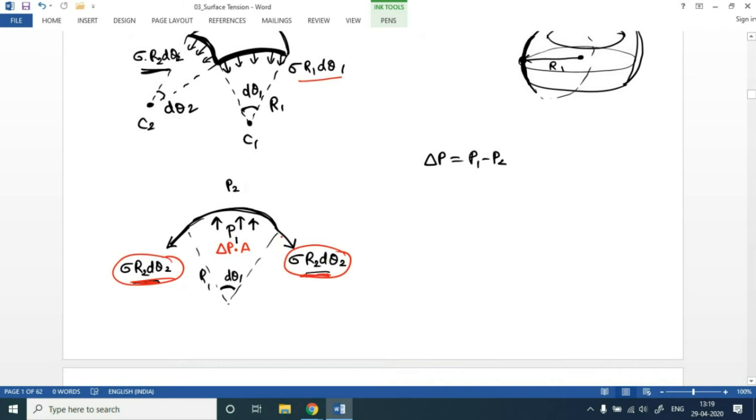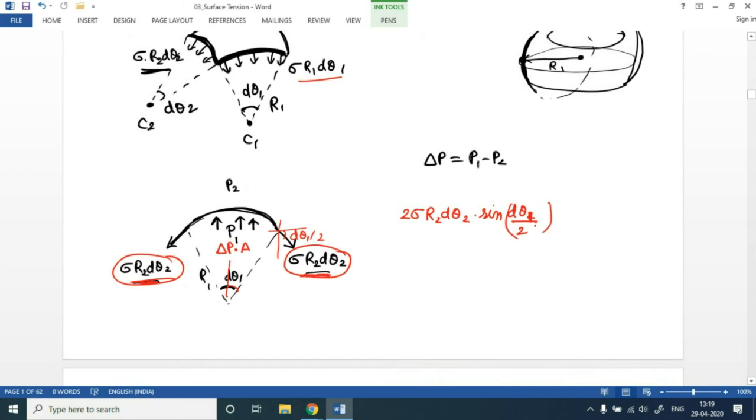This angle is d theta 1 by 2. So this angle here would be d theta 1 by 2 over here. We are looking at the sine component. So the net force inward would be 2 sigma r2 d theta 2 times sine of d theta 1 by 2.